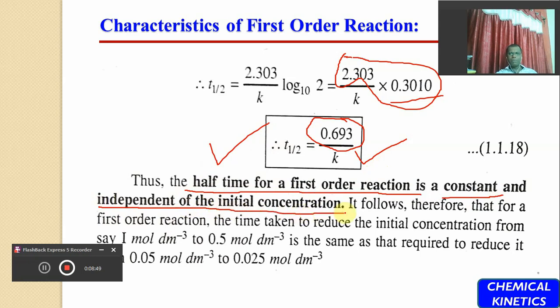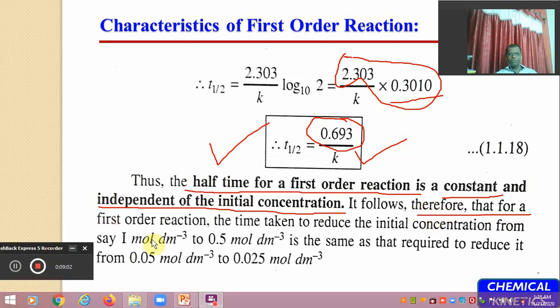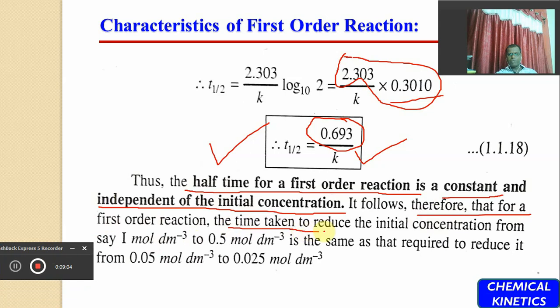Remember that the half-life period of first order reaction is constant and always independent of the initial concentration of reactant, and hence it follows that for a first order reaction the time taken to reduce the initial concentration from 1 to 0.5 mole per dm cube is the same as the time required to reduce it from 0.05 to 0.025 mole per dm cube of the reactant.